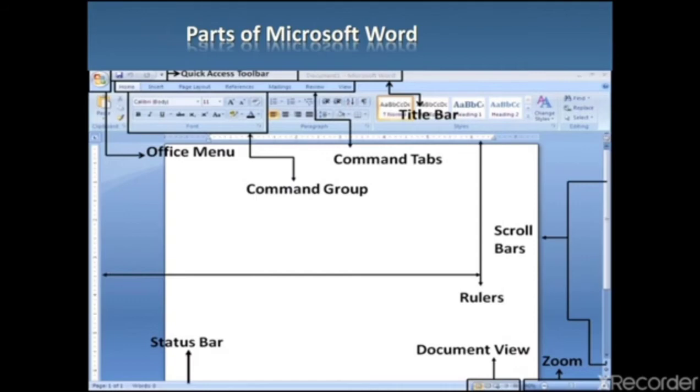Rulers: used to align text, graphics, tables, and other elements in a document. Scroll bars: allow you to view the entire workbook by moving up, down, left, or right. Zoom: allows you to get a close-up view of your file, or zoom out to see more of the page at a reduced size.